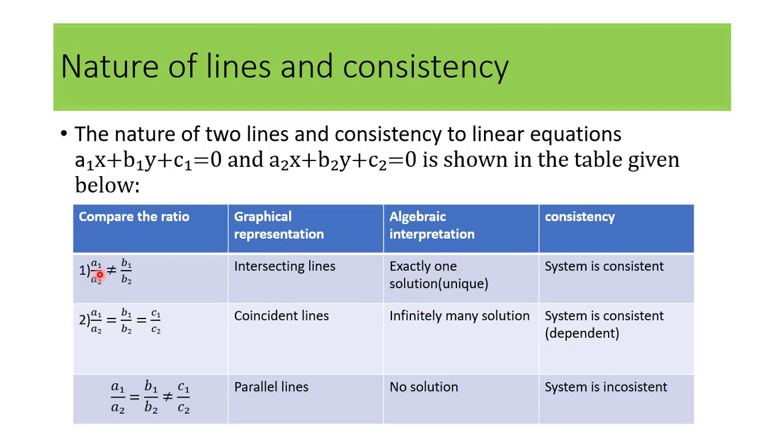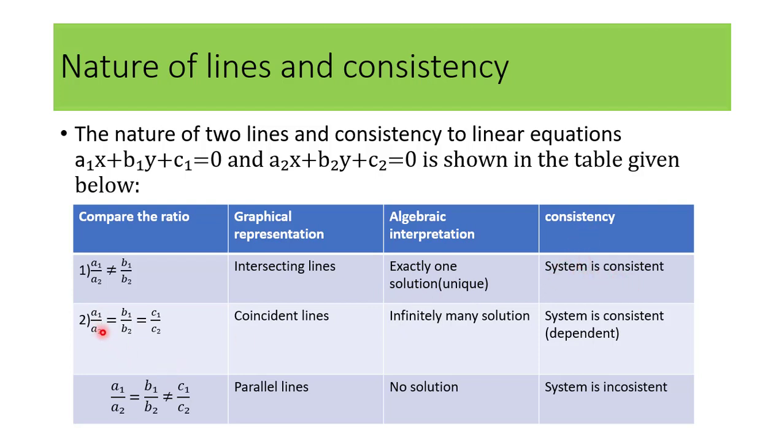When a1 upon a2 not equal b1 upon b2, then graphical representation is intersecting lines, algebraic interpretation is exactly one solution, and consistency system is consistent.